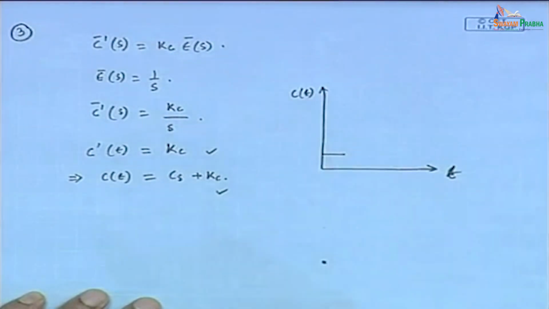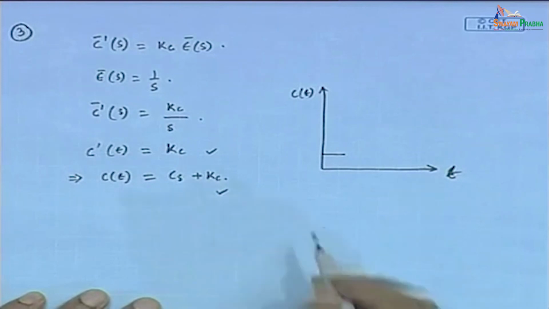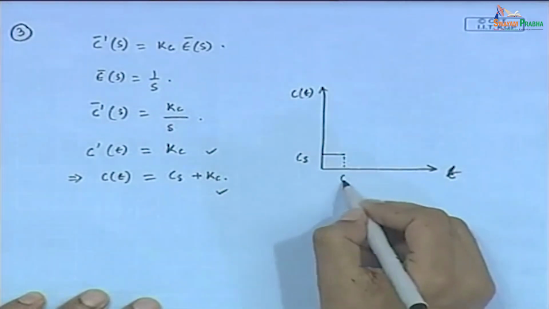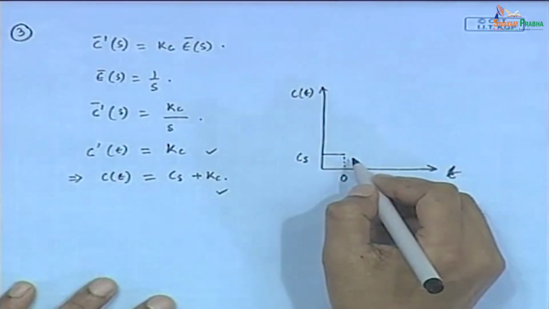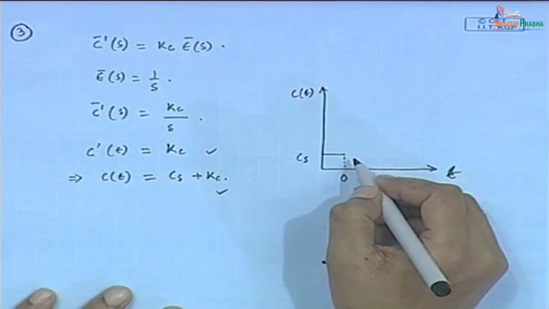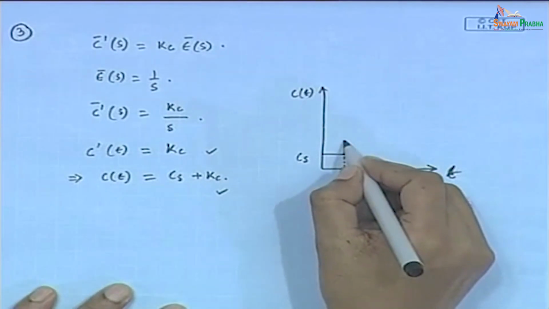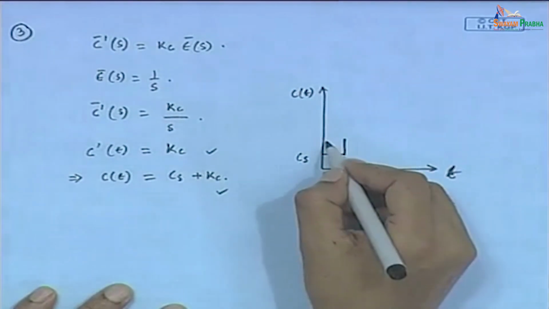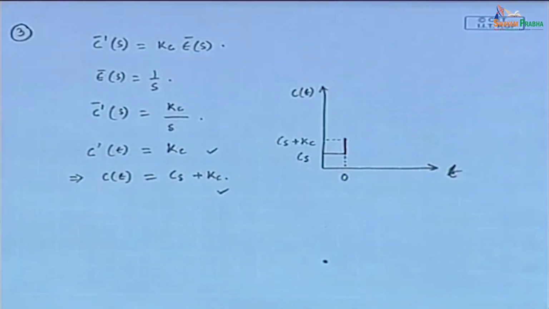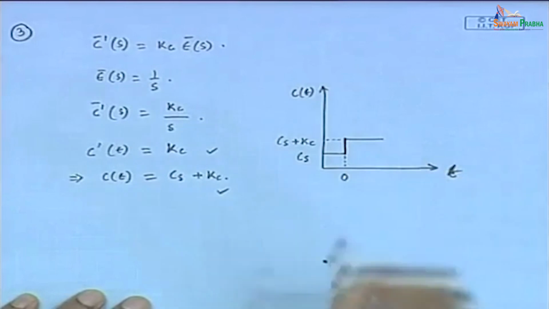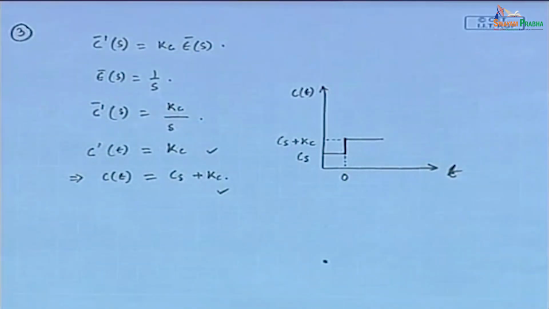Initially the controller has the value of Cs. Now, we are introducing a unit step change at time t equals 0. Then the controller output provides the value of Cs plus Kc. So, this is the controller behavior against a unit step change in error signal.